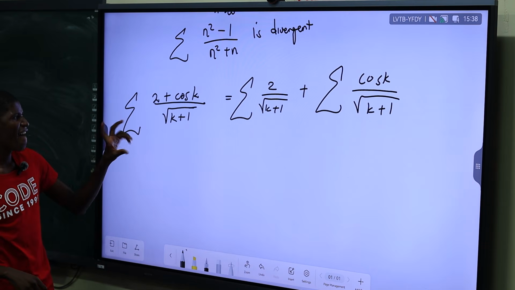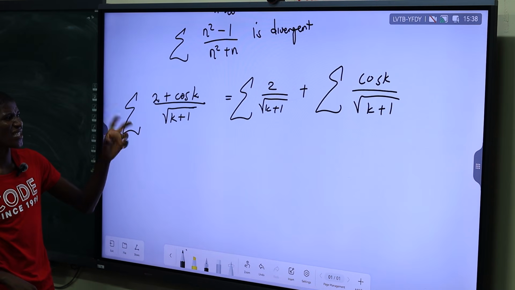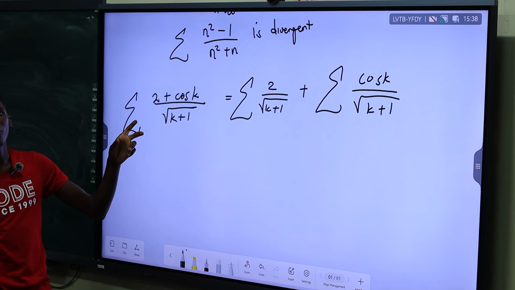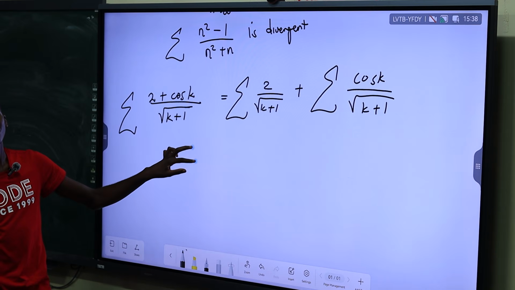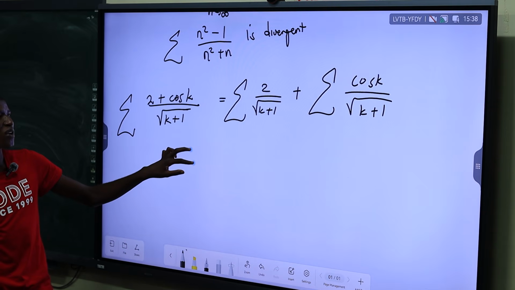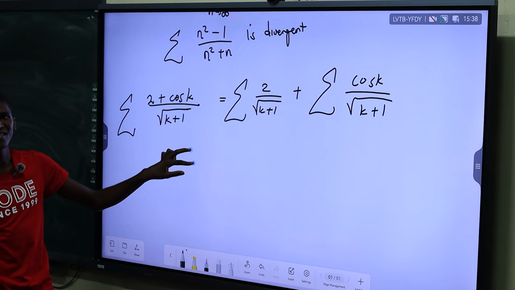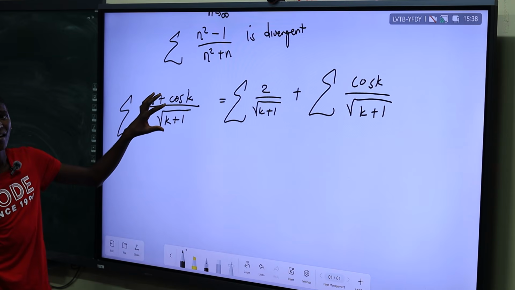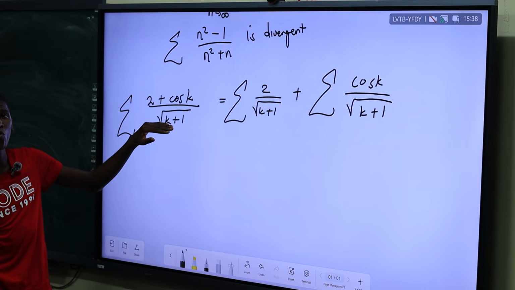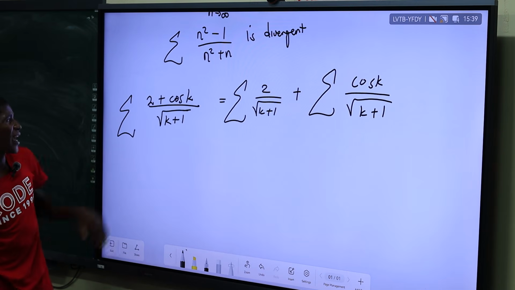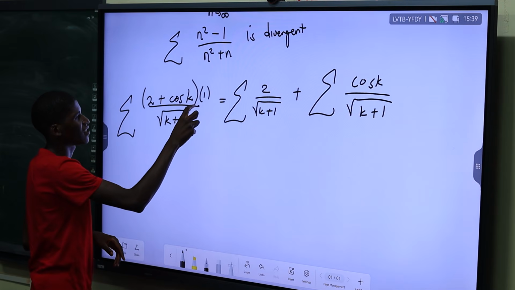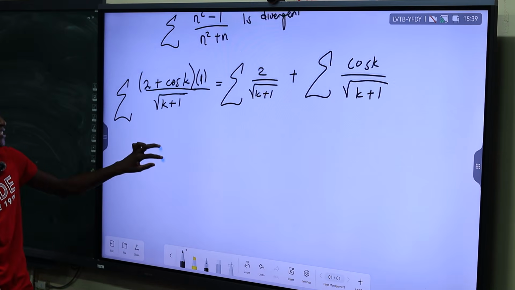But what other methods are there, because the limit won't work for you? Which one was a_n, which one was b_n? One over root k plus 1 is going to be b_n. So he treated this like times 1.